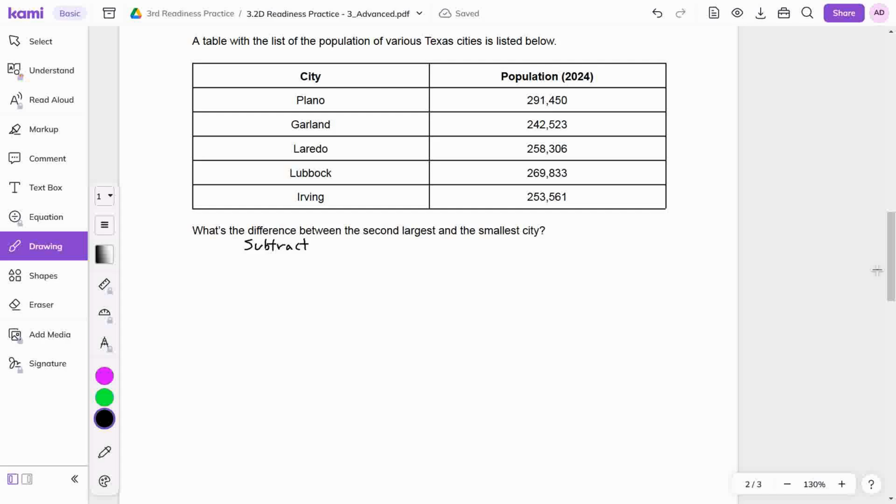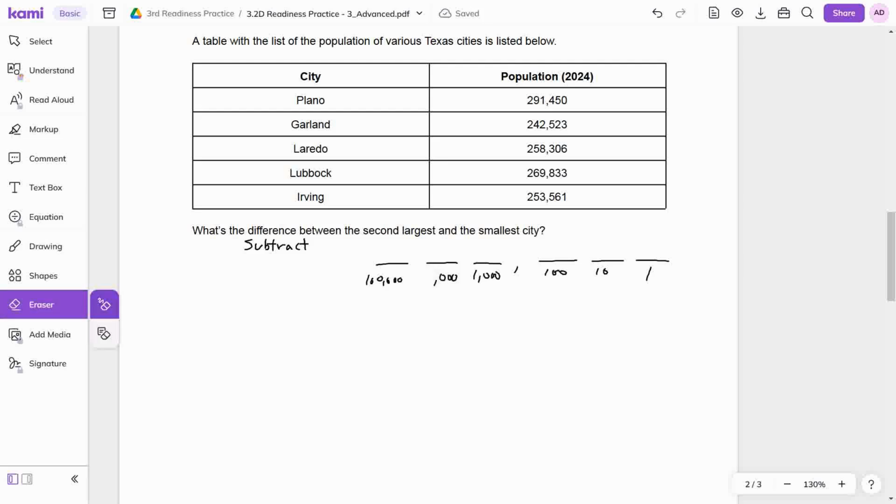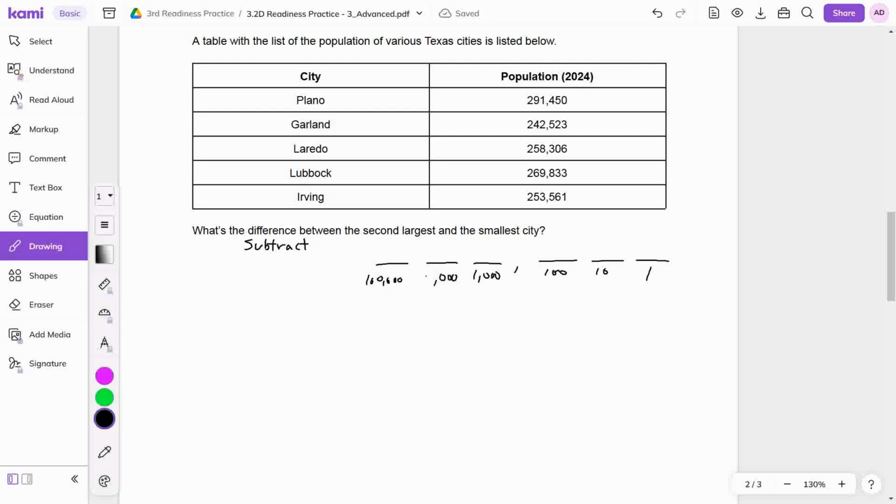All right, so let me go ahead and just build my place value chart. It looks like we're going to 6 places here. So I've got my 100,000, my 10,000, my 1,000, 100, tens, and ones. And I just like that so I can name place values as I am discussing which one I'm looking at.